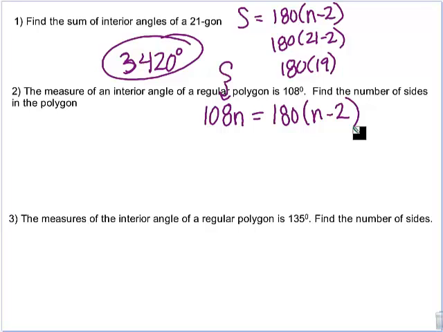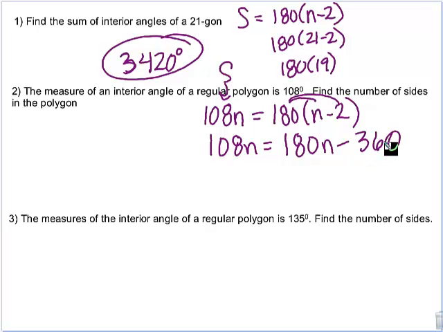So how can we get the n alone? Okay, so distribute this. So 108n is equal to 180n minus 360. How do I get the n alone now? Subtract the 180n.